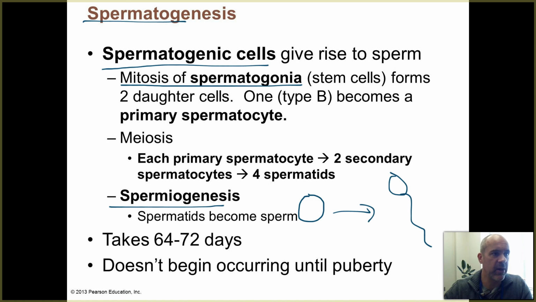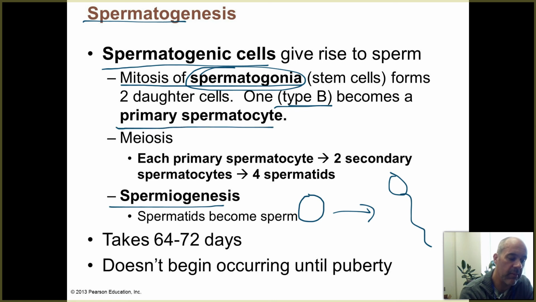They periodically do regular old mitosis, so they're still diploid cells that have 46 chromosomes, and you wind up with 2 daughter cells. One's called type A, and the type A ones continue to be spermatogonia. The type B ones are the ones that head down the process of spermatogenesis, and they undergo some changes and become primary spermatocytes.